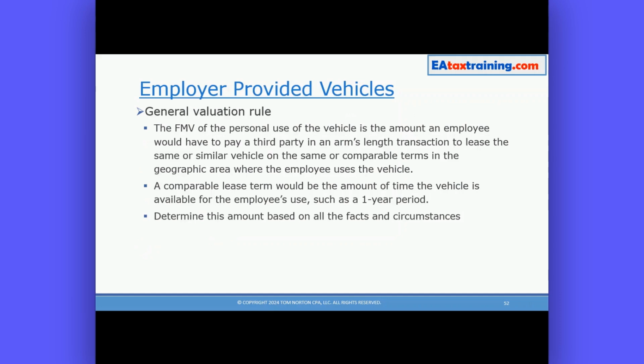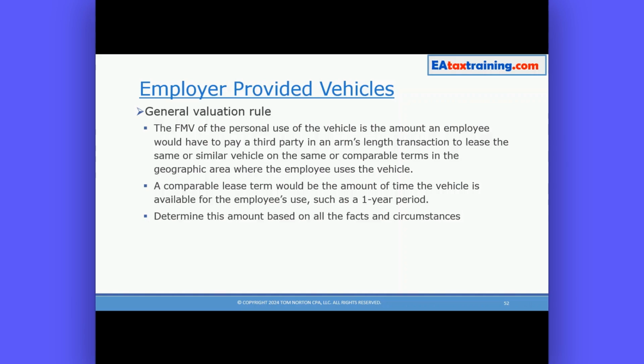A comparable lease term would be the amount of time the vehicle is available for the employee's use, such as a 1-year period. And you determine this amount based on all the facts and circumstances. This rule in practice is not actually used very much because it's kind of squishy, if you will. It's hard to come up with a black and white answer because you have to try to match the term that the person is using the car and how much would you actually pay?